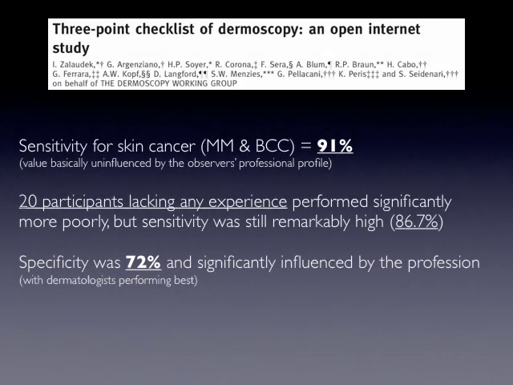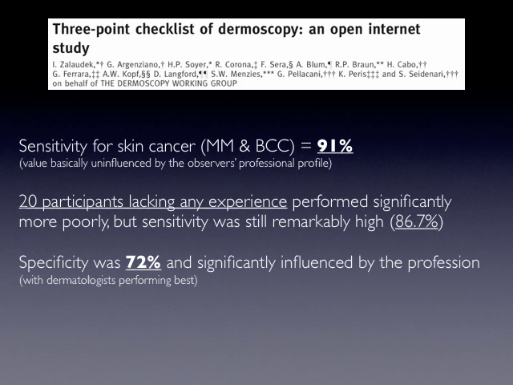In a subsequent study performed on the internet, we verified that the sensitivity of the three-point checklist is quite high. More than 90% of melanomas and BCCs are correctly identified using this technique, and this value is independent from the expertise of the observer.